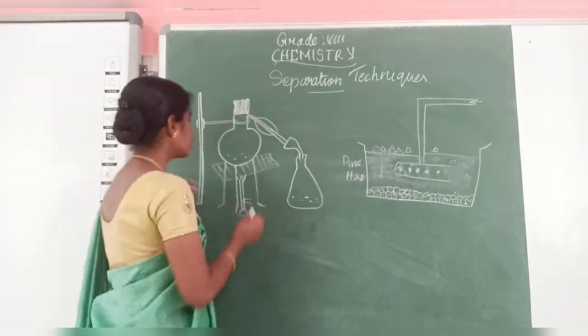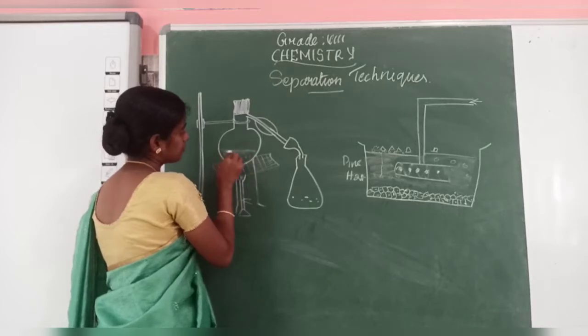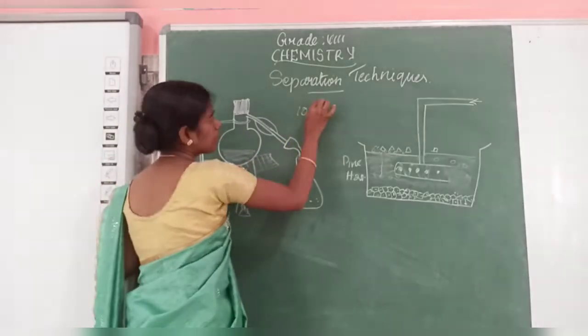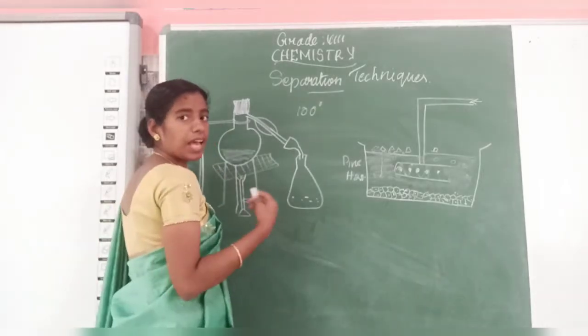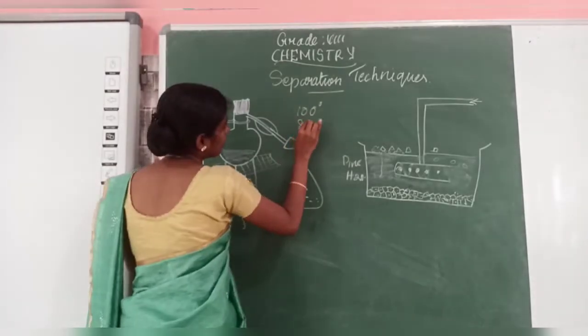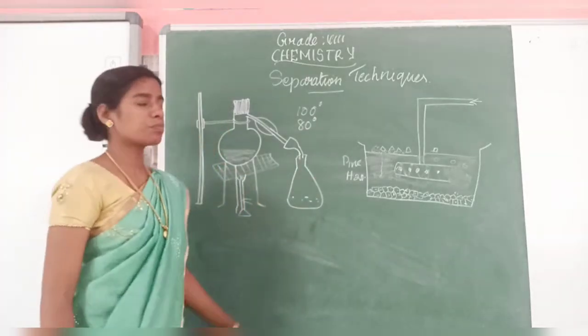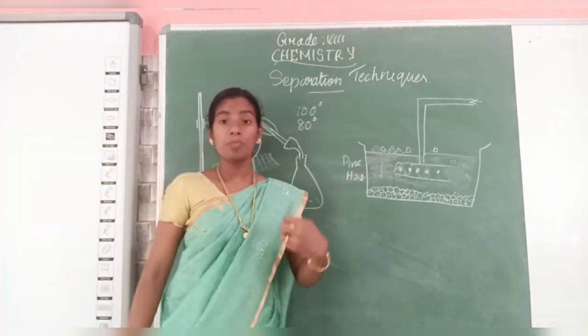Listen here, you add this mixture here. Consider one liquid has boiling point 100 degrees Celsius and the other has boiling point 80 degrees Celsius. So, which liquid will boil first?